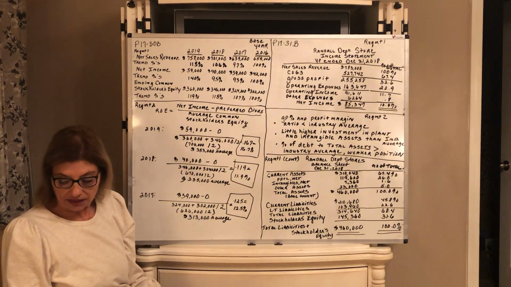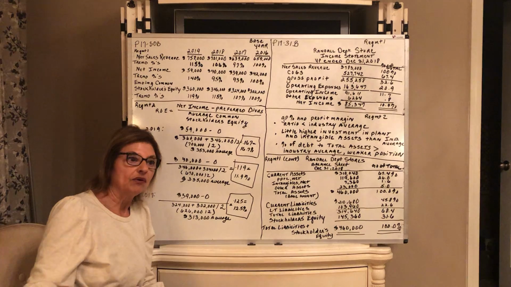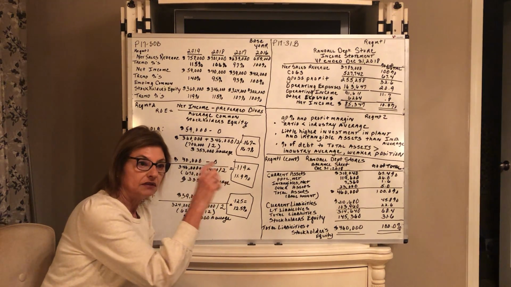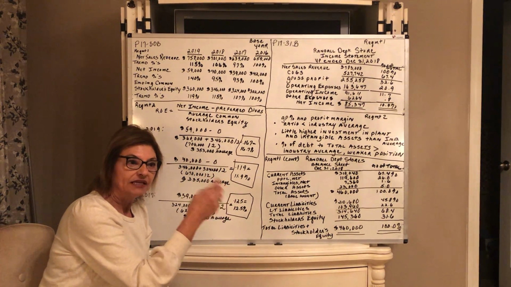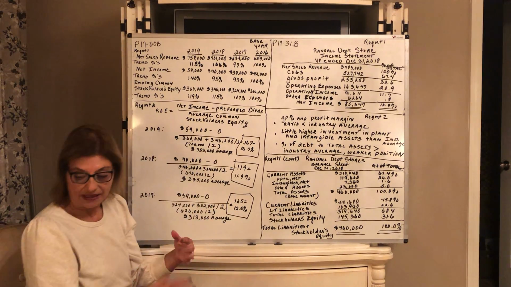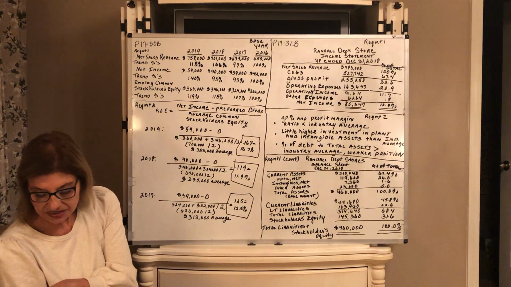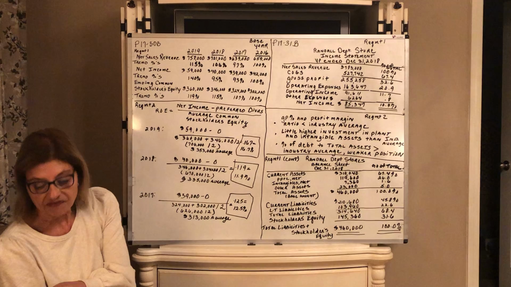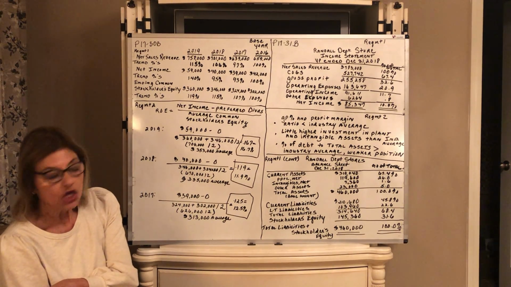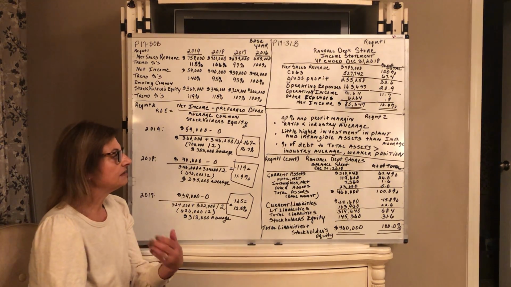Now, if you recall on the page before, again, if you don't have your book out and you're just looking at the little supplemental icons they give you with the balance sheet and the income statement, you see in the second column there's Randall and then there's the industry average. So you can make some comparisons there.